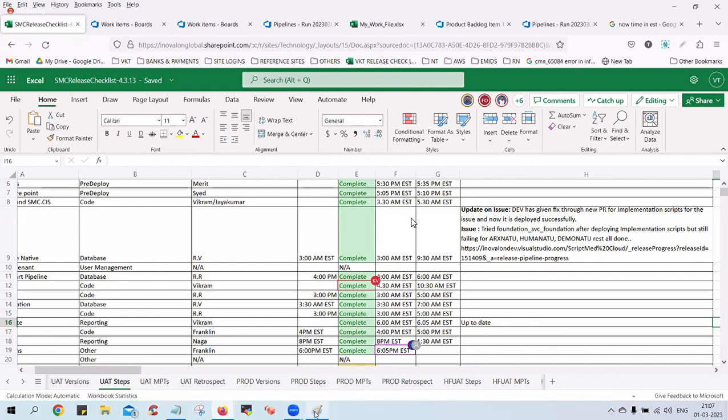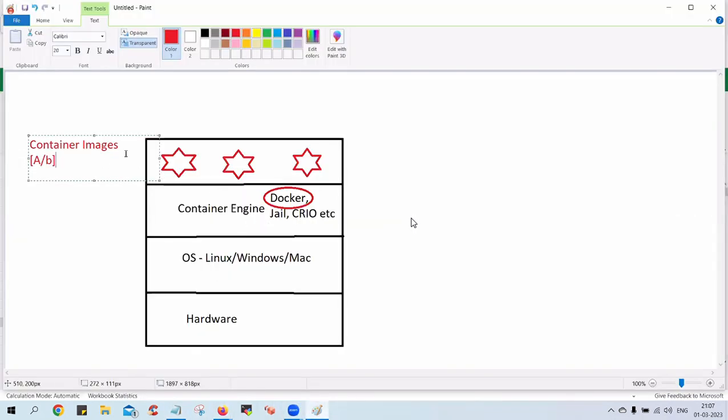So what we are planning to do: upon the container engine, let's say Docker, we'll create the container images.